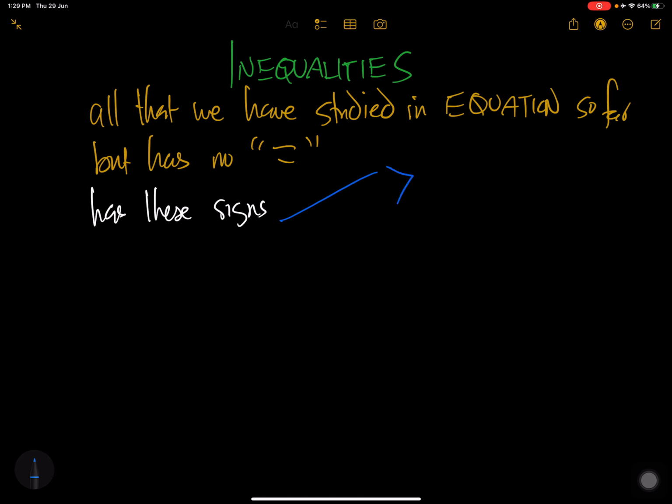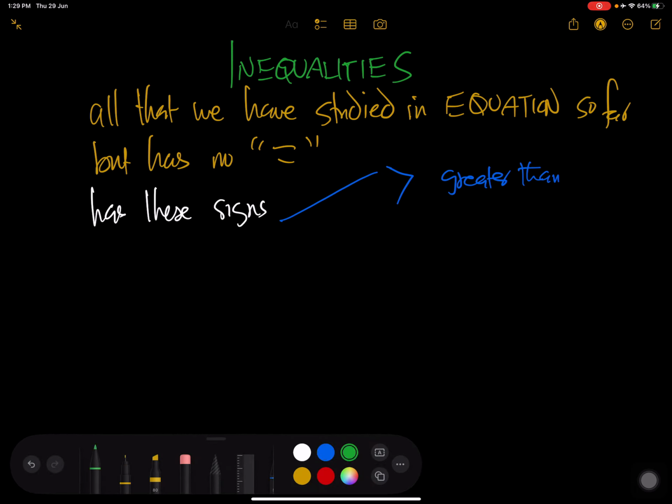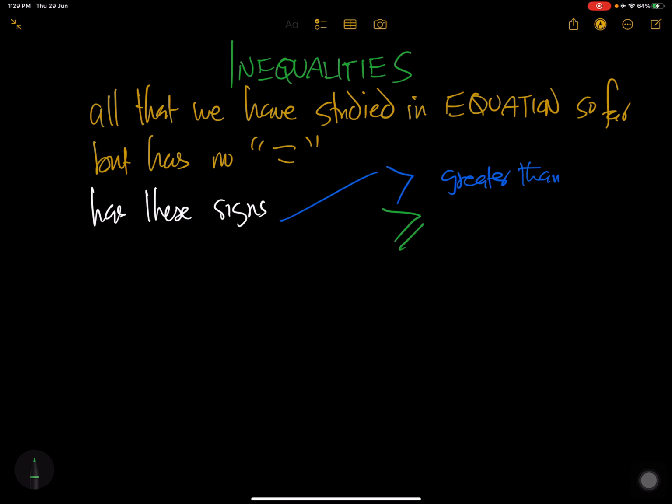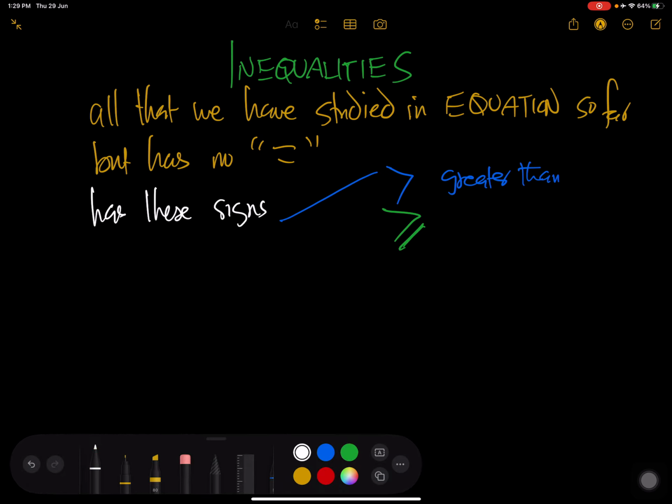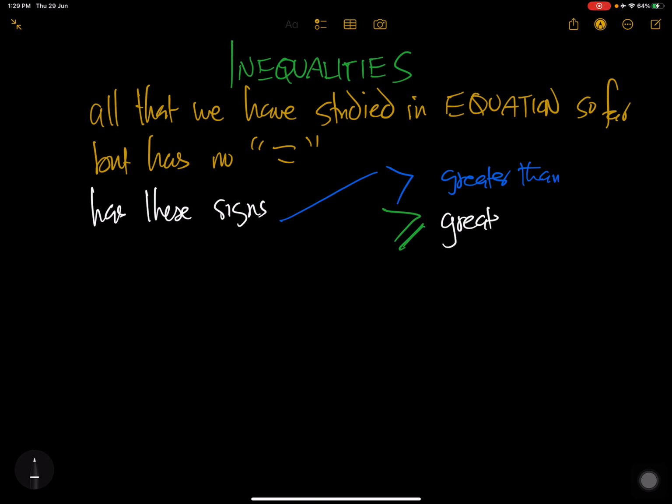Either it's greater than, or it has what we call greater than with an equal to sign under it, which means greater than or equal to.